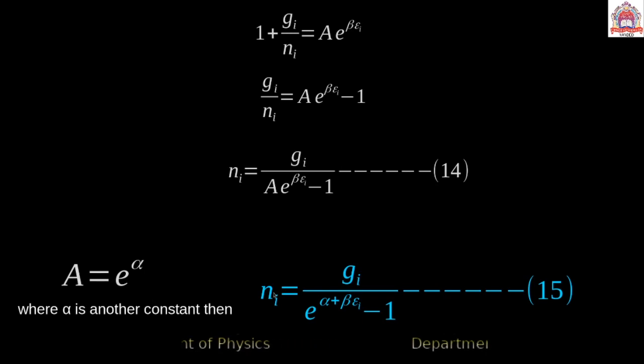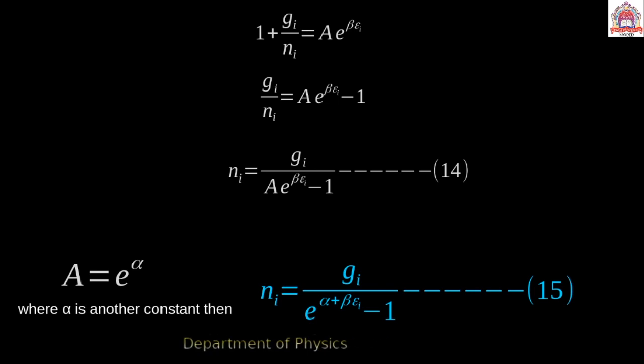If for the quantum states the difference in the energy levels is very small, that is, the distribution is quasi-continuous, then for the energy interval from epsilon to epsilon plus d epsilon, we can replace the degeneracy factor g_i by g(epsilon) d epsilon, where g(epsilon) is the density of energy states.